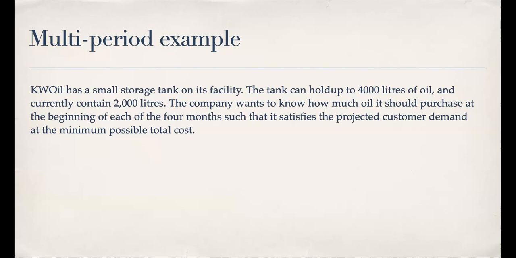So the total period is 4 months, and we have 4 periods, right? Each month is each period, and the action at each month is that we are going to purchase oil.